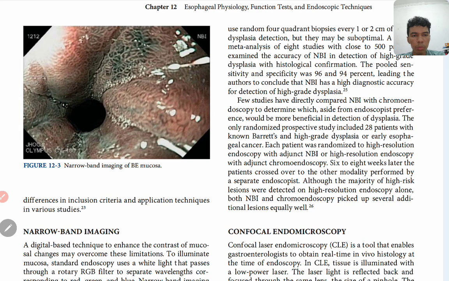Each patient was randomized to high-resolution endoscopy with adjunct NBI or high-resolution endoscopy with adjunct chromoendoscopy. 6 to 8 weeks later, the patient crossed over to the other modality, performed by separate endoscopists. Although the majority of high-risk lesions were detected on high-resolution endoscopy alone, both NBI and chromoendoscopy picked up several additional lesions equally well.